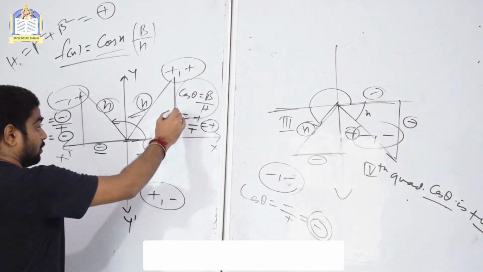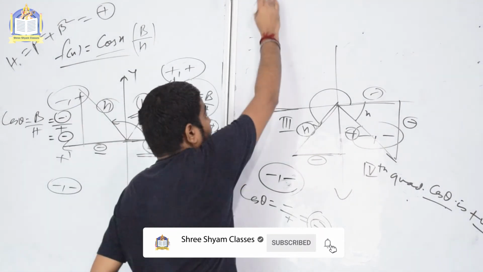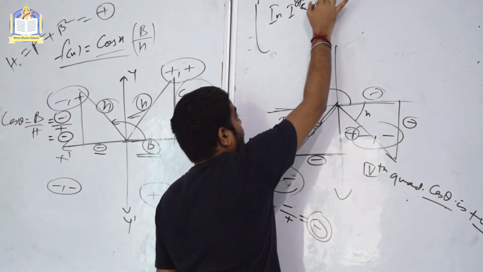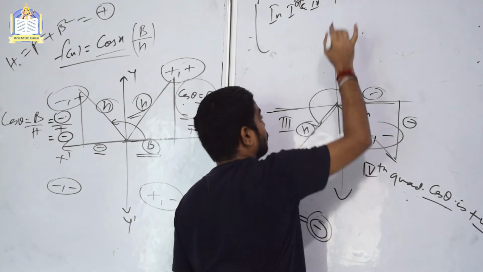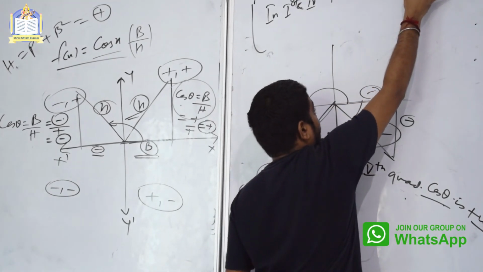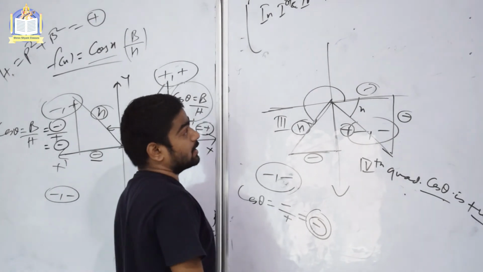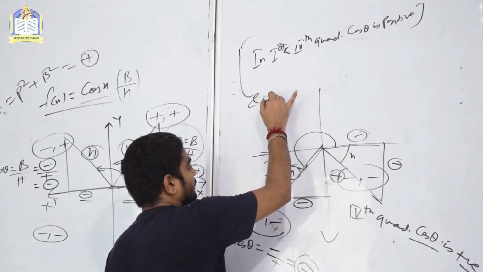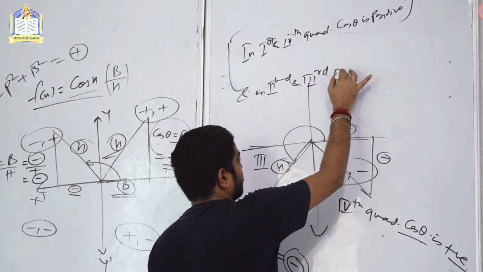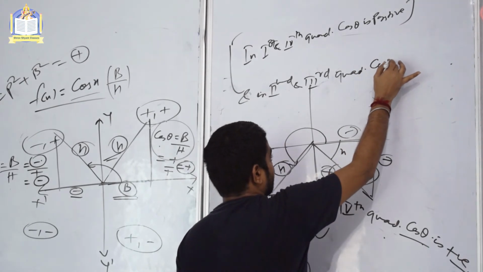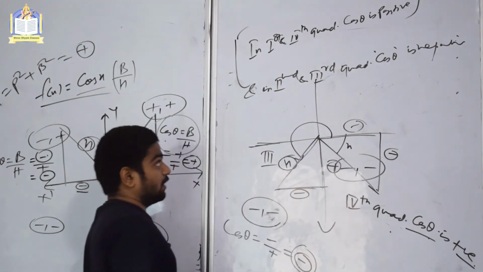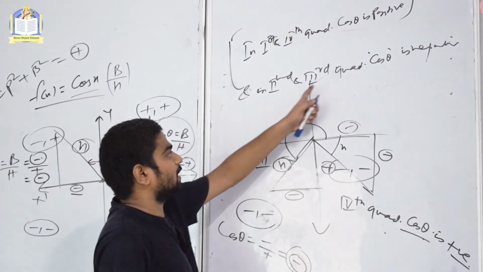So in the first and fourth quadrant cos theta is positive, and in the second and third quadrant cos theta is negative.